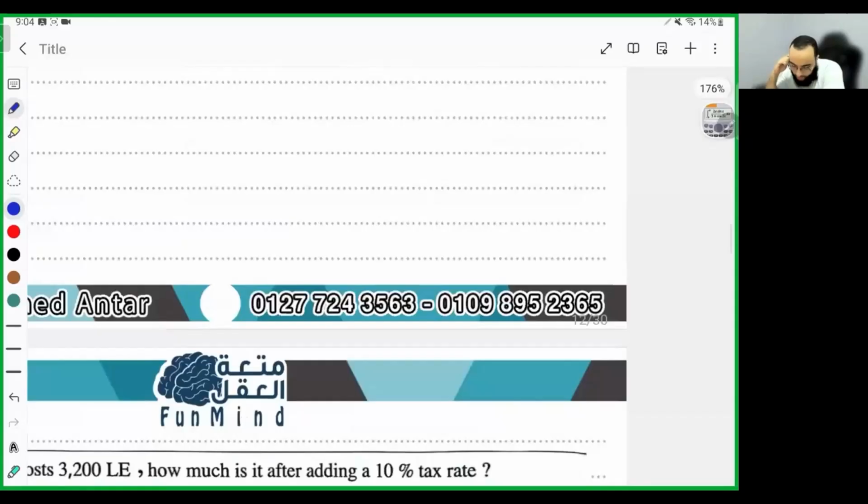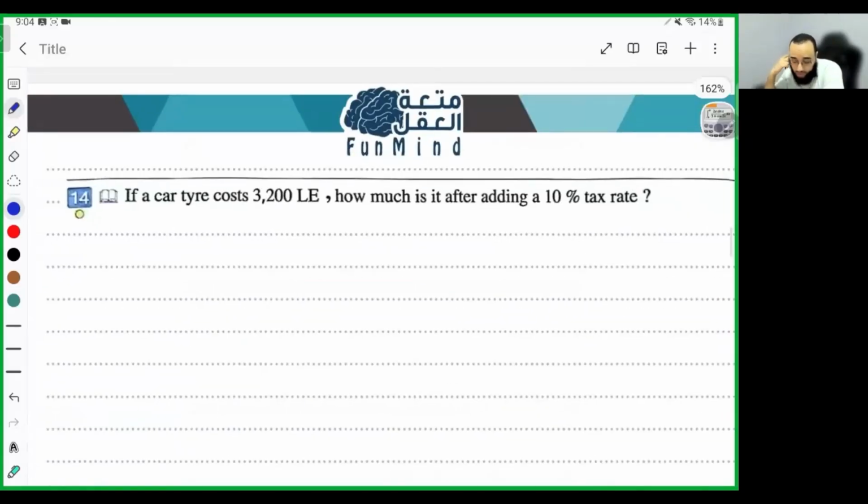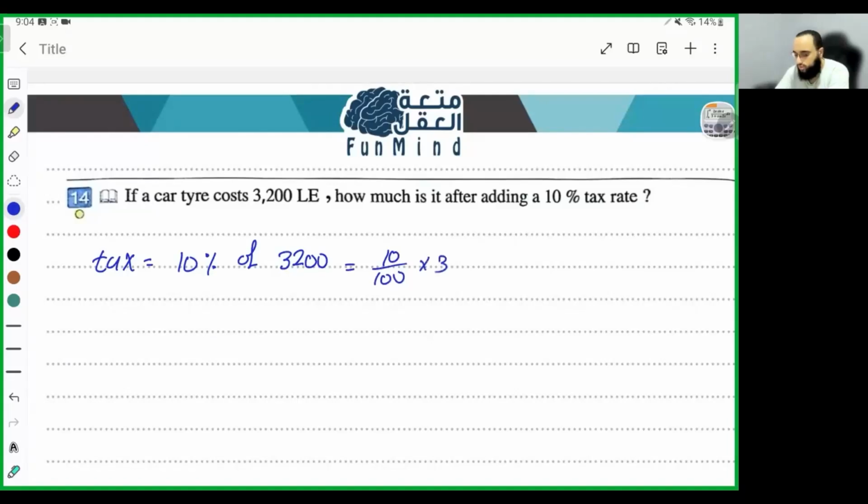If a car tire costs 3,200 pounds, how much is it after adding a 10% tax? You know what the tax is? You can calculate it as 10% of 3200. 10 over 100 times 3200. Cancel the 2 zeros with each other, then it's going to be 320. This is the tax.